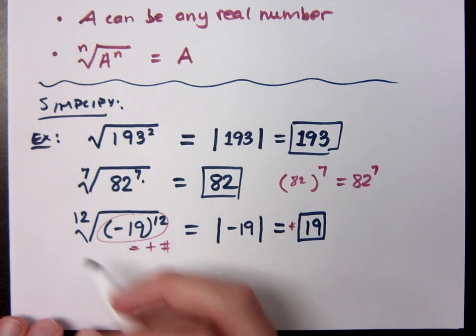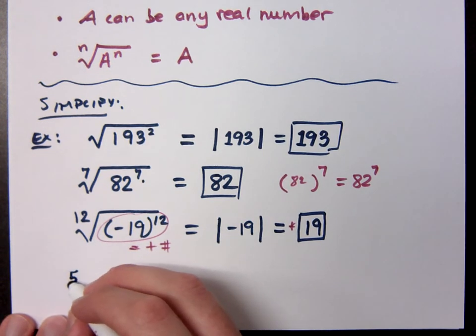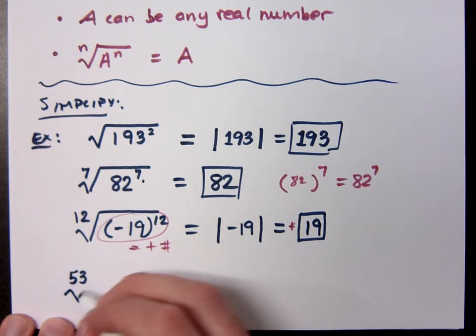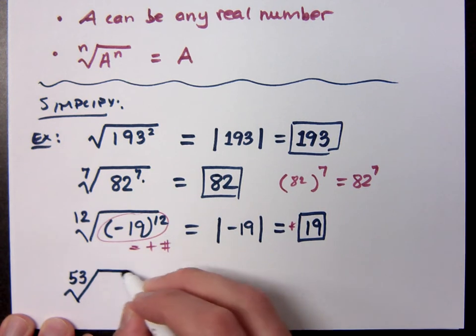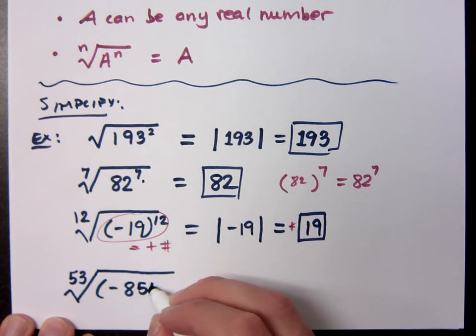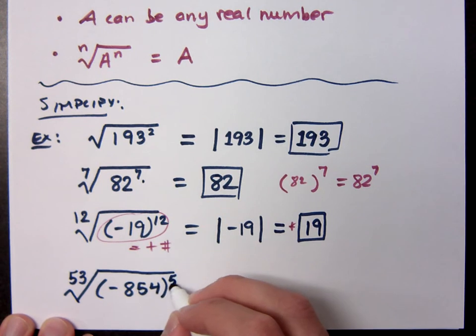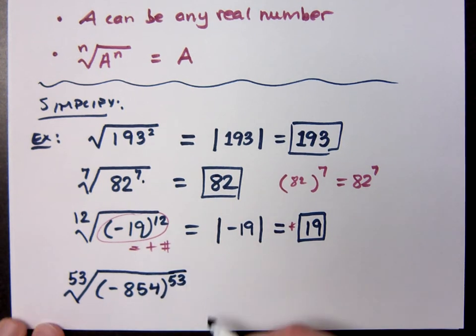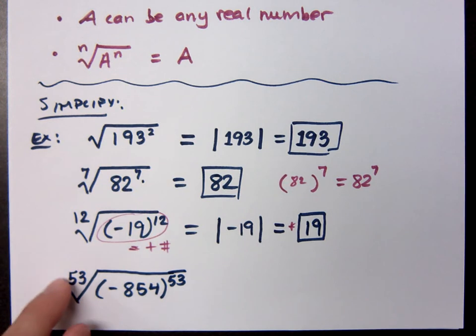However, if I have the 53rd root of negative 854 to the 53rd power, notice how the exponent and the index match up, right?